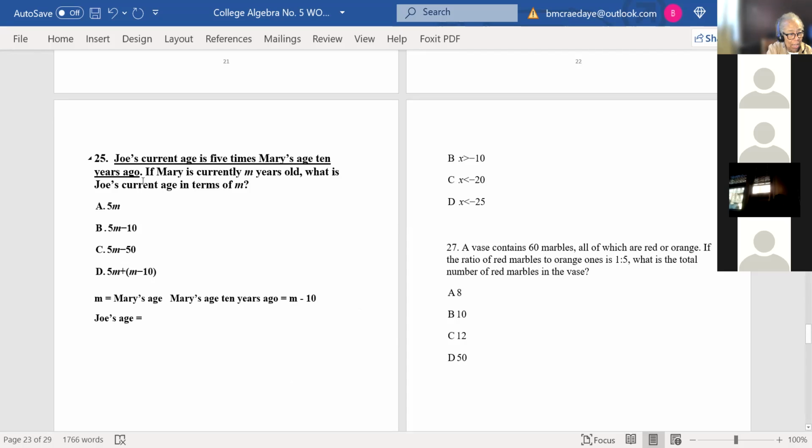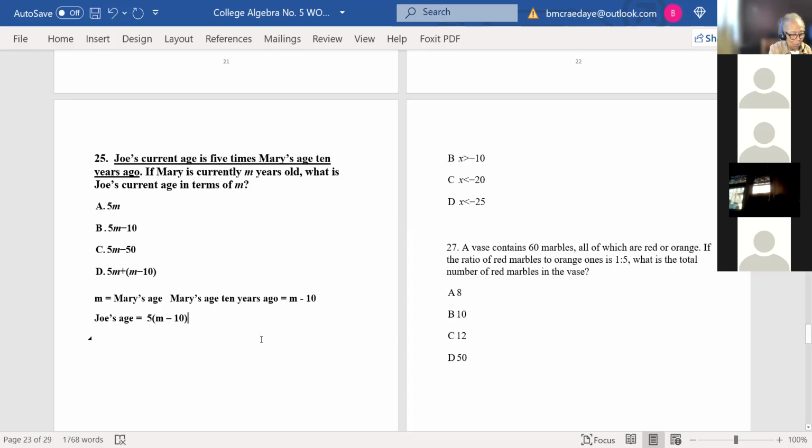And if Joe's age is 5 times Mary's age, that's a multiplication, 5 times Mary's age 10 years ago. 5 times m minus 10. That's it. You got it. There's the 5 for the multiplication, times Mary's age 10 years ago, which is Mary's age minus 10.